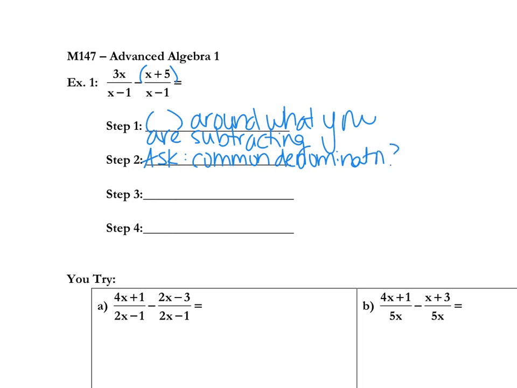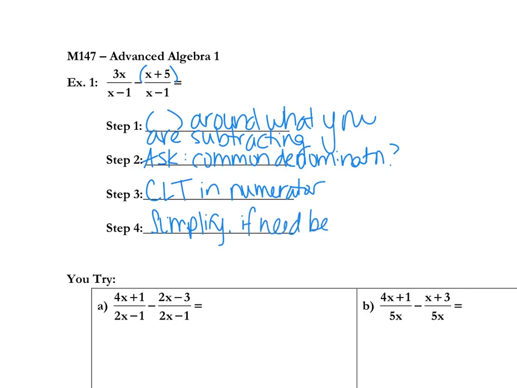Okay, in this example, we do have a common denominator, so we can go ahead and go on to step 3, which is combine like terms in the numerator. And then my last step is going to be simplify if need be. Okay, once again, make sure that you do step 3 before you do step 4.